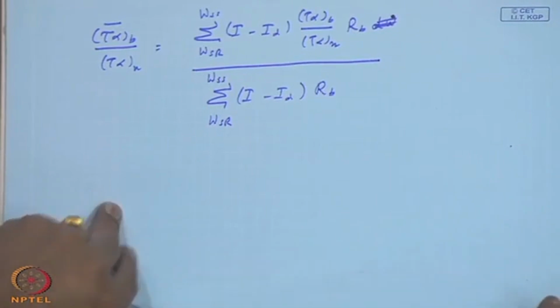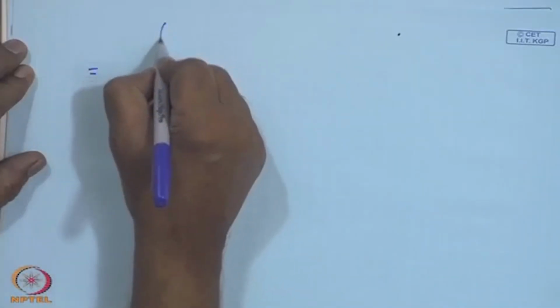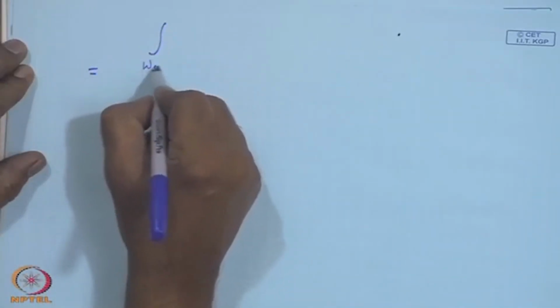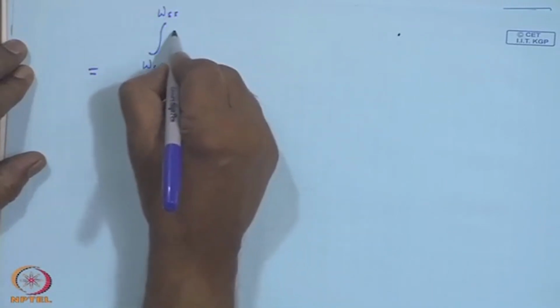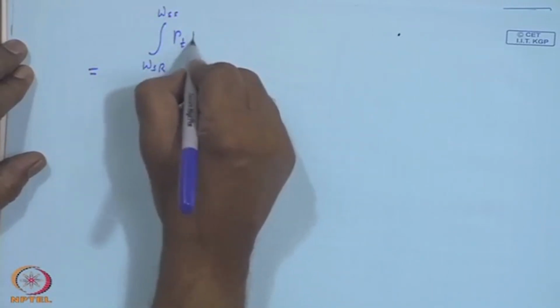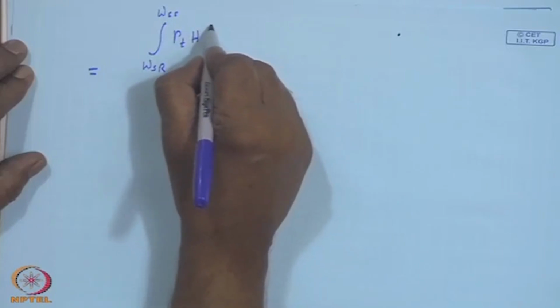So, now we can transform this into an integral that should be equal to I is R t into h taken out as common.